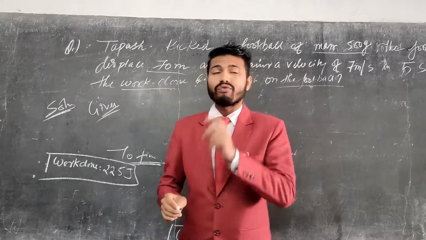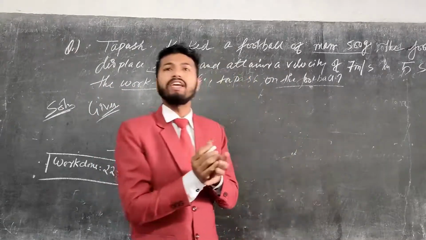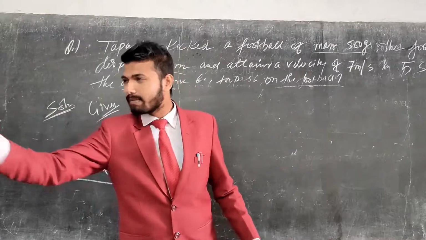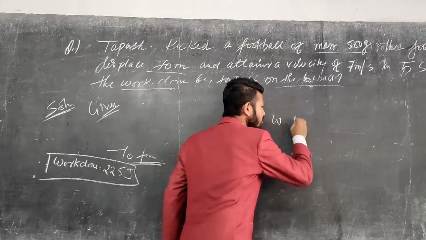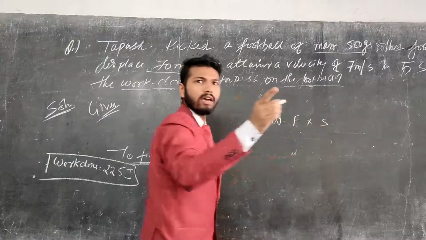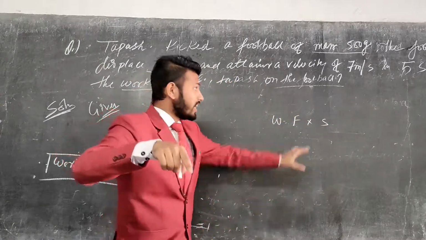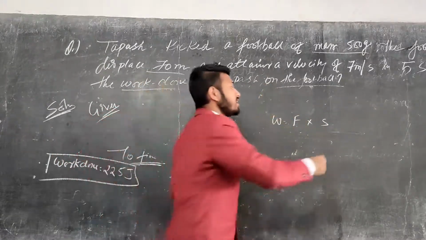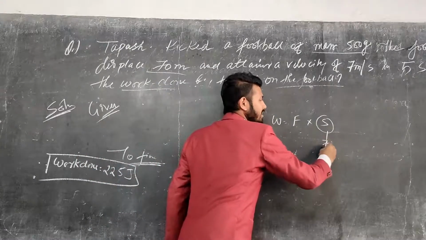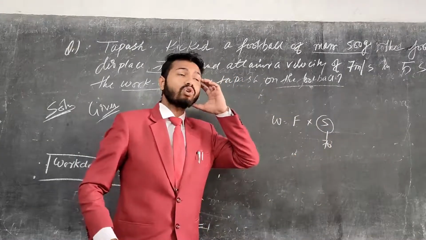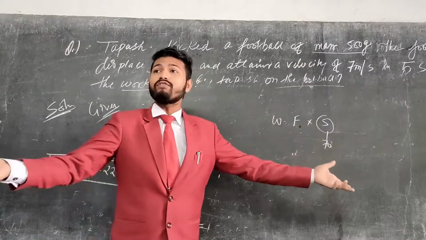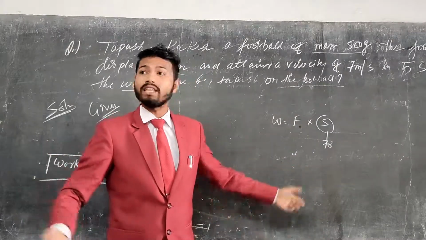To find work done, we need force and displacement. In the question the displacement is already given, 70. So our main motto is to find the force. If we get the force anyhow, then we can easily find the work done.